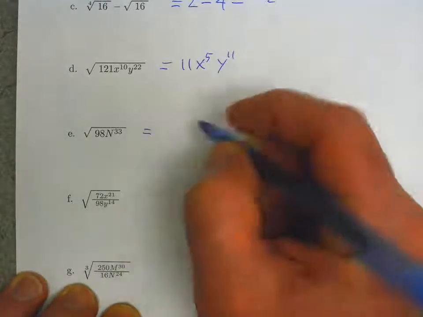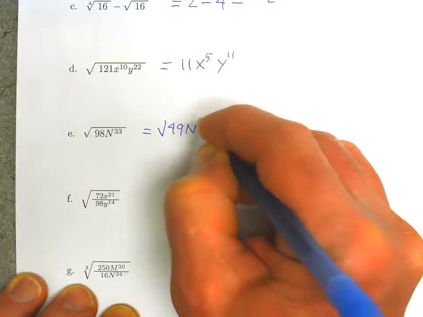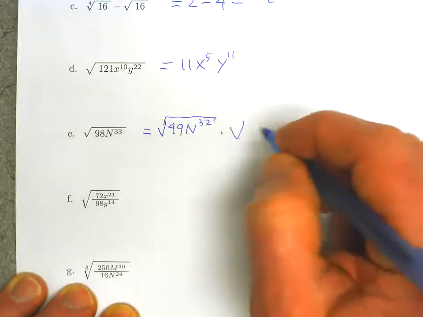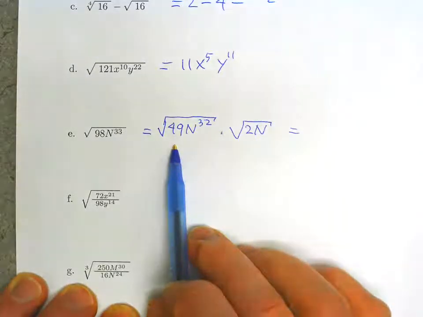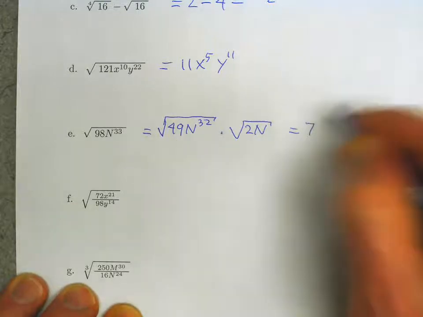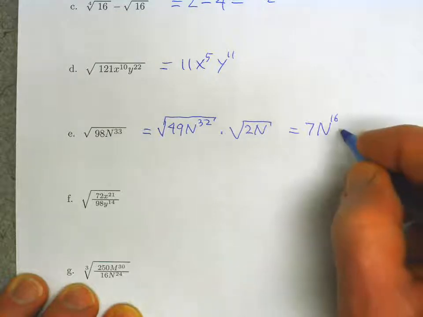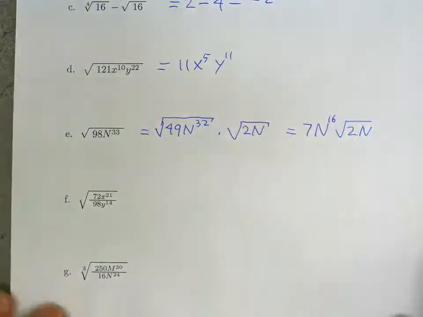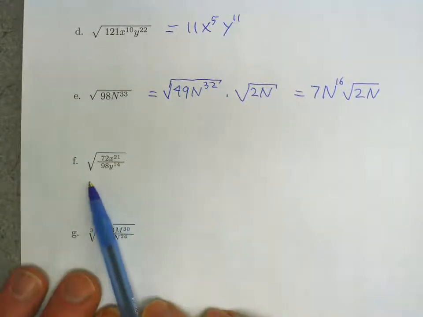So we can rewrite this as the square root of 49 n to the 32nd times the square root of 2n. And then we simplify the square root of the perfect square factors. Square root of 49 is 7. The square root of n to the 32nd is n to the 16th, multiplied by the square root of 2n. That's the simplified result.